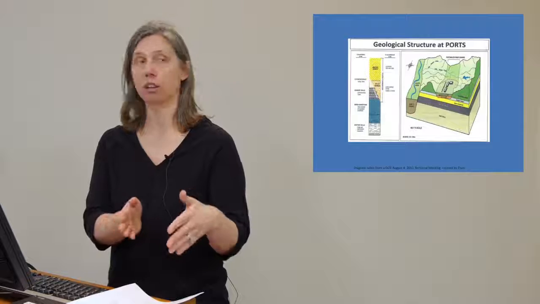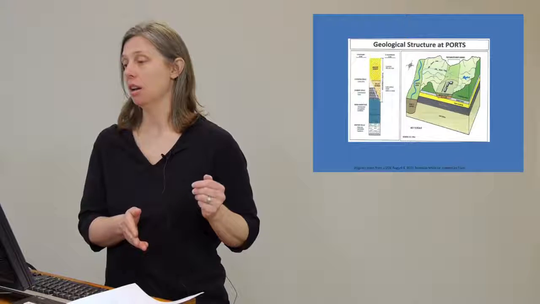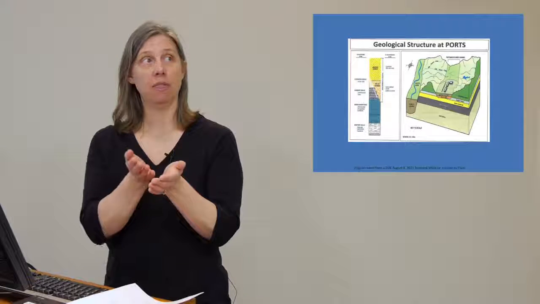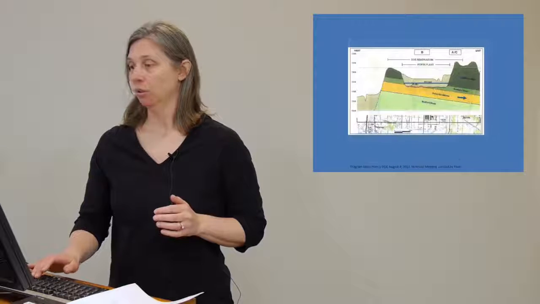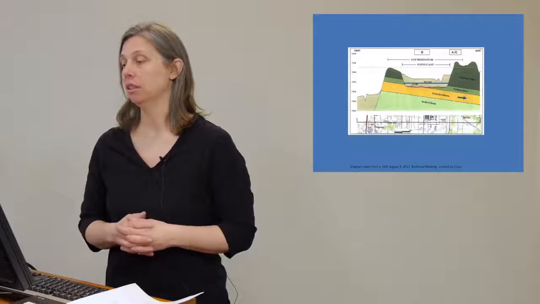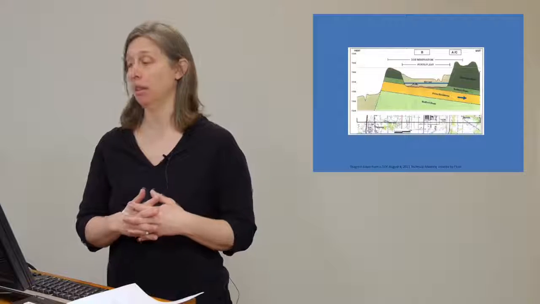You see the Scioto River, and then the consolidated layers of the hills there, kind of like a basin of sediment that Ports is situated right on top of. We can take a closer look at the next slide here, where we see the geologic layers dipping to the southeast.